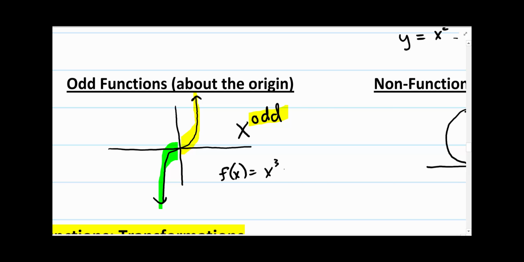But if it's x cubed plus 4x squared minus 15x minus 12, that may not be symmetrical about the origin. So that may not be an odd function. I didn't try it out, but I'm guessing that it's not an odd function since it's going to hit down here at -12. But if you're going to have an odd function, one thing to pay attention to is, is the highest degree exponent an odd number? Then there's a shot that you'll have an odd function.